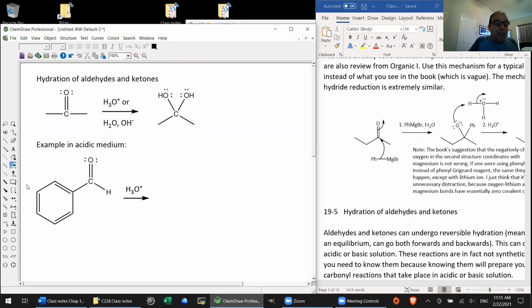So that means that the first thing we need to do had better be protonating that oxygen. Now, how do I know what to use to protonate the oxygen? By looking at what you're given. In this case, the only thing we have around is the hydronium ion. That doesn't mean that you memorize that H3O plus goes here. It might not.